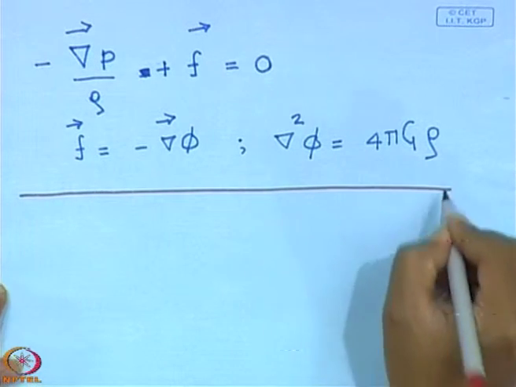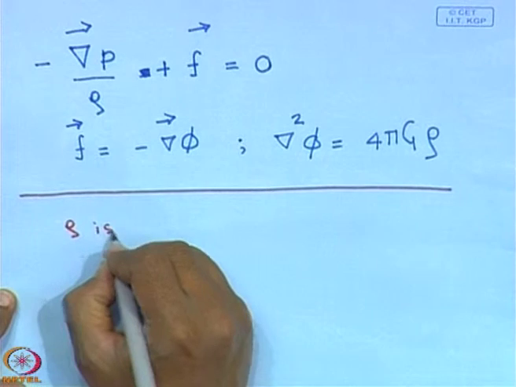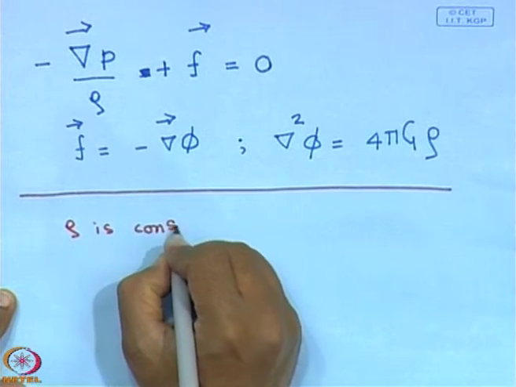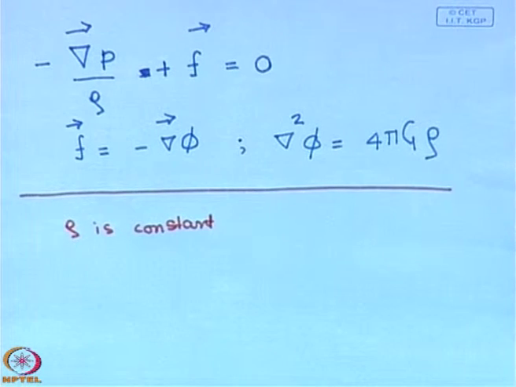So, we are going to make the simplifying assumption that rho is constant. Let us estimate the mean density of the sun, and we will assume that this value is there throughout. It is a rather simplifying assumption, but we can make some progress with this.